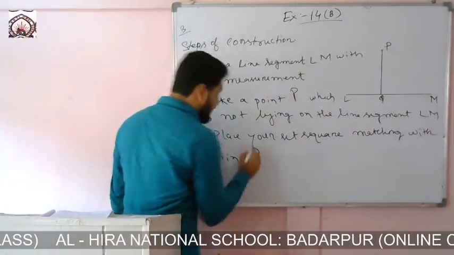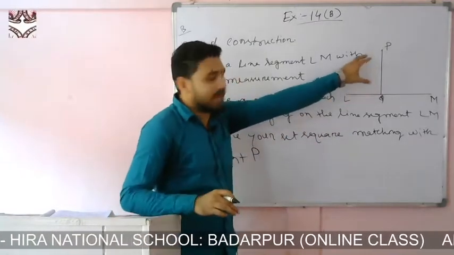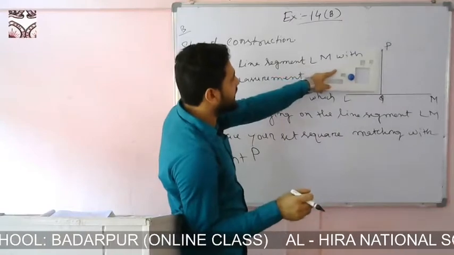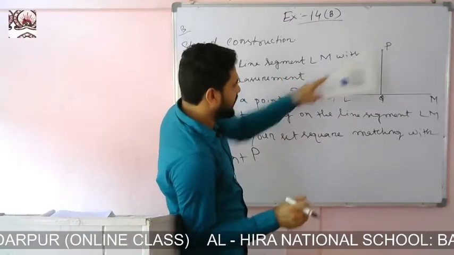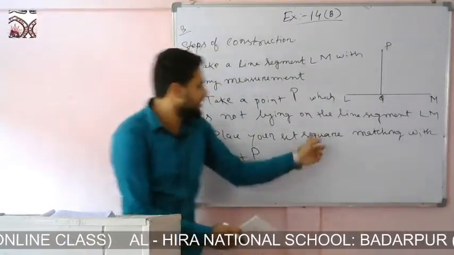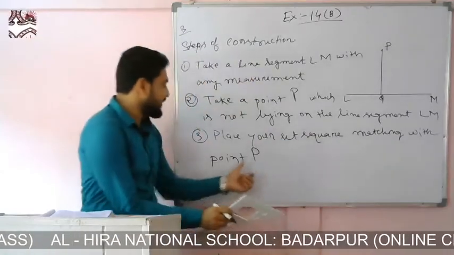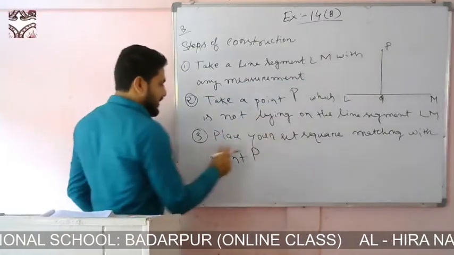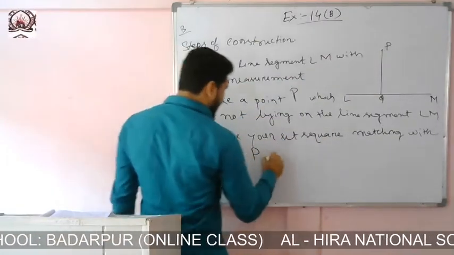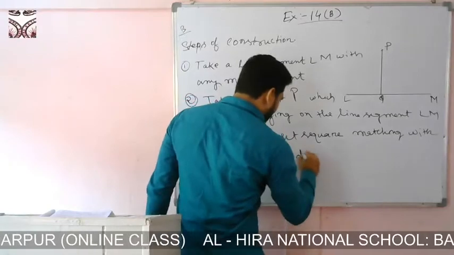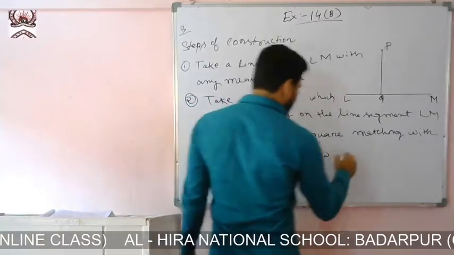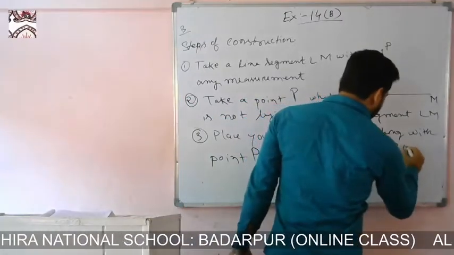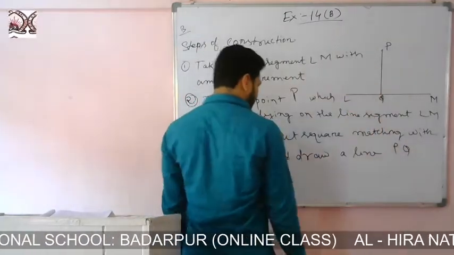P. That means you have to place your set square like this, matching with point P, and draw a straight line like this. For that reason I have written: place your set square matching with point P and draw a line PQ.